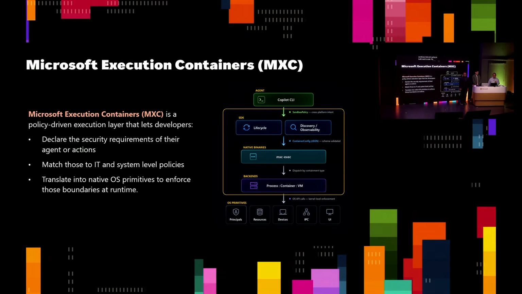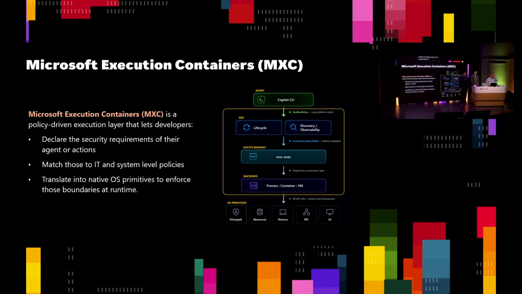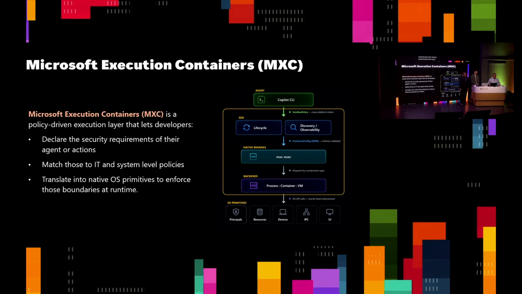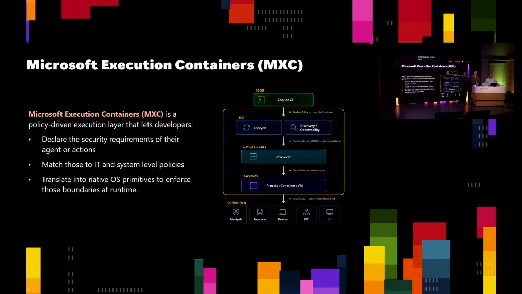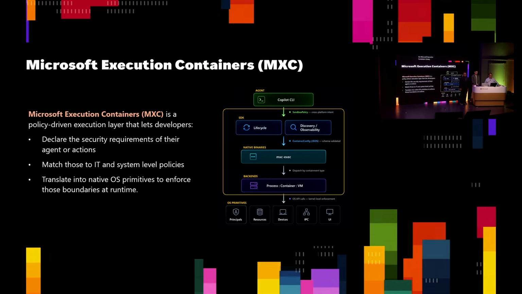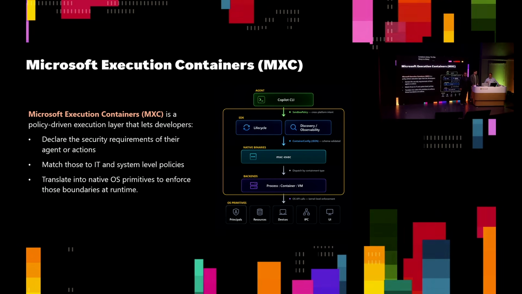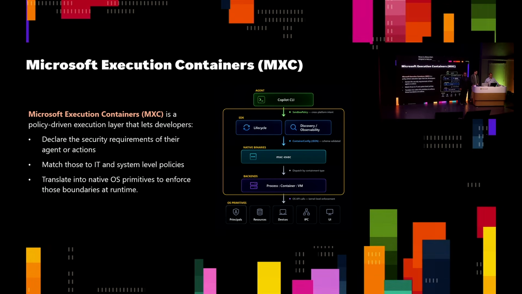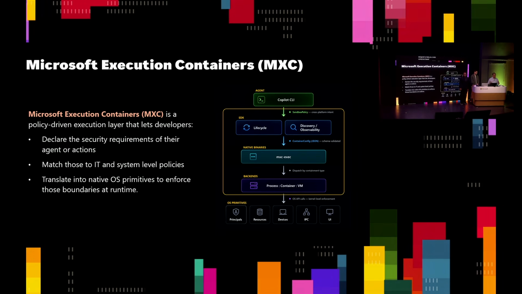For that, we've introduced what we call the Microsoft Execution Containers Library. The MXC library is a library that's designed to help you create containers based on policy. The developer and the agent can declare the security requirements of their agent and the agent's actions.